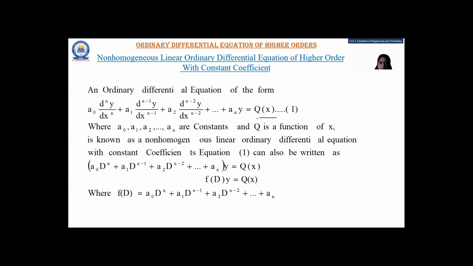What is the difference? Here our right-hand side is Q(x). So an ordinary differential equation of the form A0 d^n y/dx^n up to An y is equal to Q(x), where A0, A1, A2 up to An are constants and Q is a function of x, our right-hand side being a function of x, is known as a non-homogeneous linear ordinary differential equation with constant coefficients.